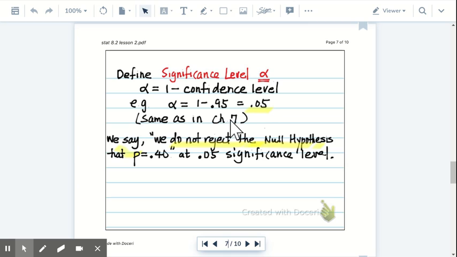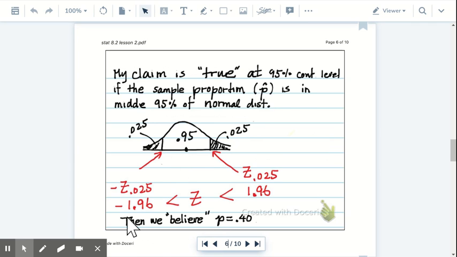This is same as in what we did in chapter 7. So if my z-score is between, let's see, negative 1.96 and positive 1.96.